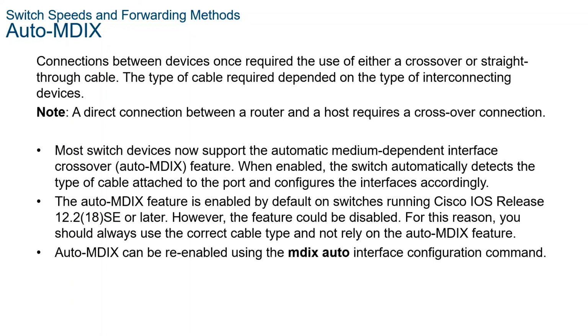Take note that a direct connection between a router and a host requires a crossover cable. Now with Auto-MDIX turned on, the switch will automatically detect and adjust depending on the type of cable used. That's a good thing about the Auto-MDIX.